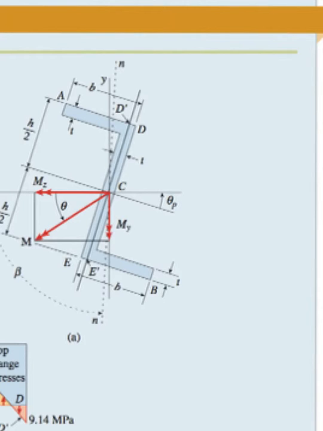So therefore you must understand how to obtain the direction of stresses, i.e. compressive or tensile stress, the compressive being negative and tensile being positive.